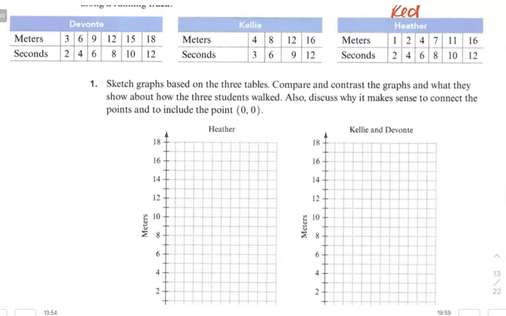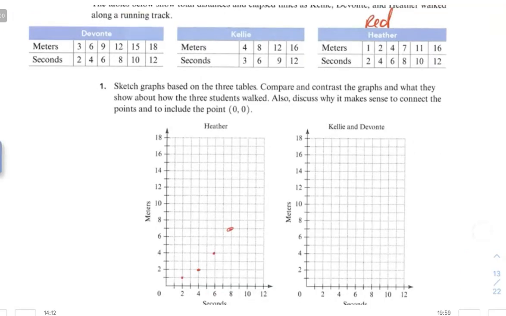So 1 meter in 2 seconds, 2 meters in 4 seconds, 4 meters in 6 seconds, 7 meters in 8 seconds, 11 meters in 10 seconds, and then 16 meters in 12 seconds.